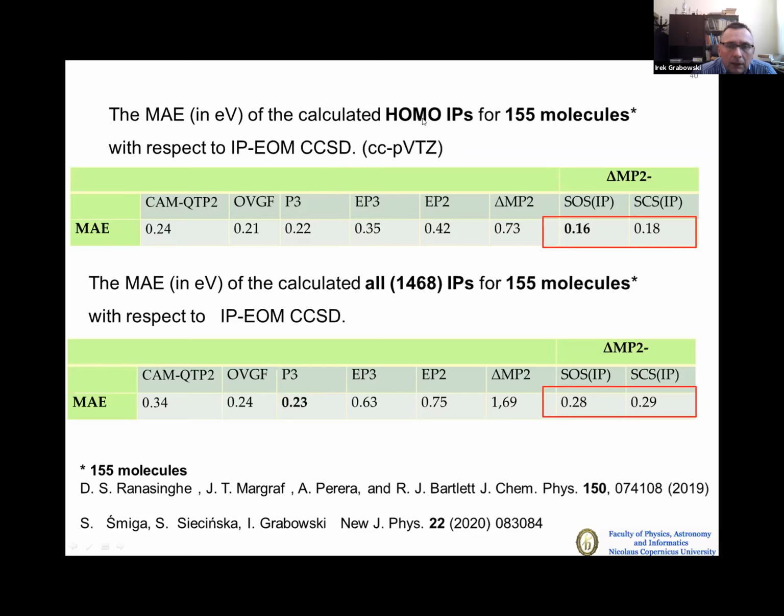So for calculating the HOMO IPs, the errors are very nice. We are better than CAM-QTP and better than the third order methods.